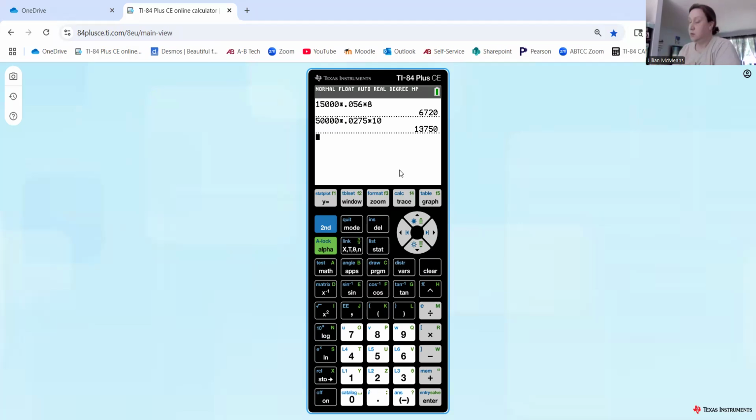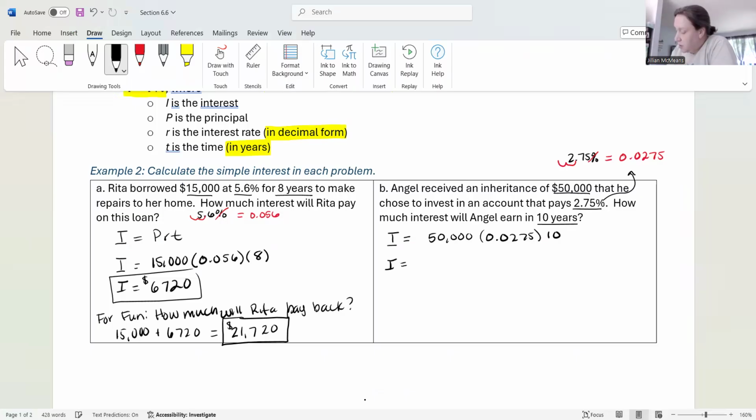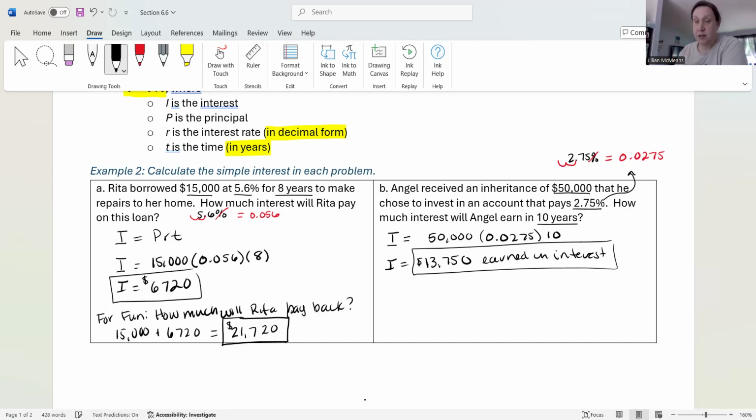The interest earned will be $13,750. Basically, if Angel can just sit his money in the bank, park it there, and forget about it, in 10 years he'll have an additional $13,750.